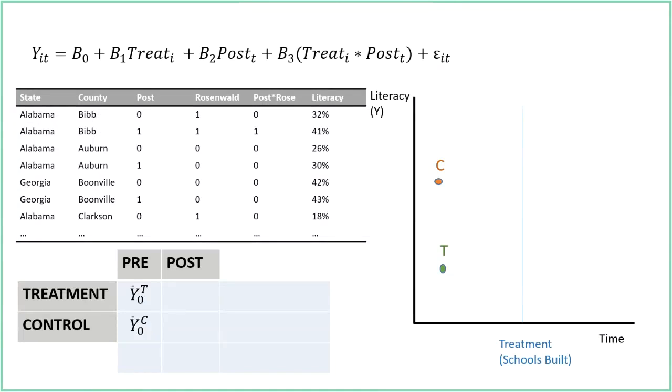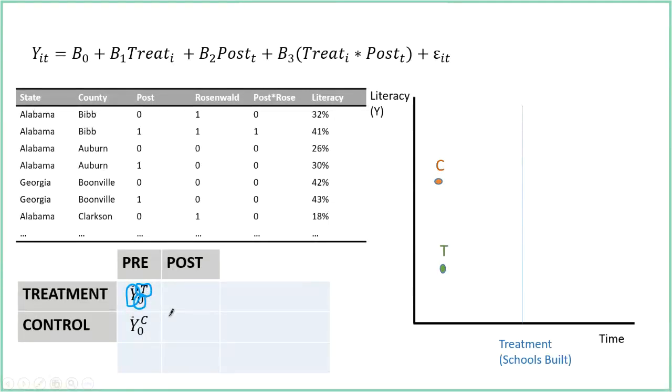So the first two averages we can consider are going to be called y bar t0 and y bar c0. Y bar is going to be the average literacy rate, T is going to reference treatment groups, and 0 is going to index time, our subscript here.